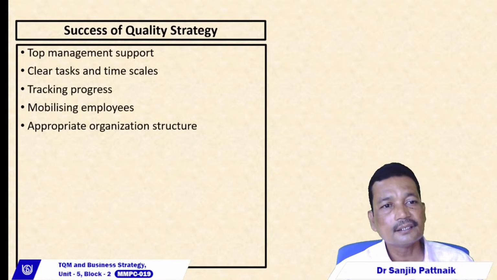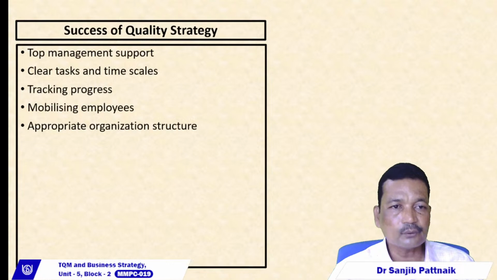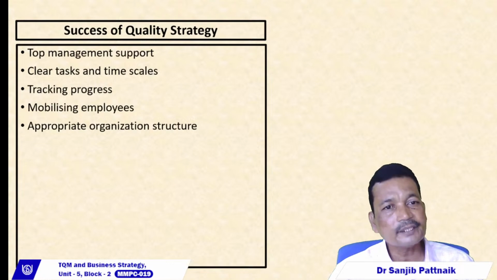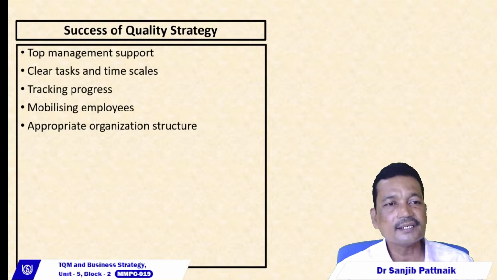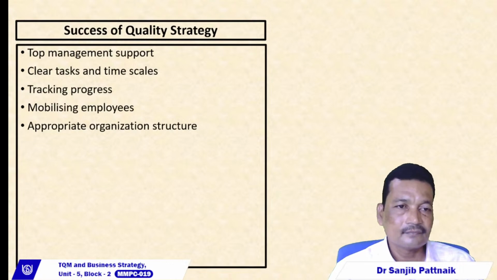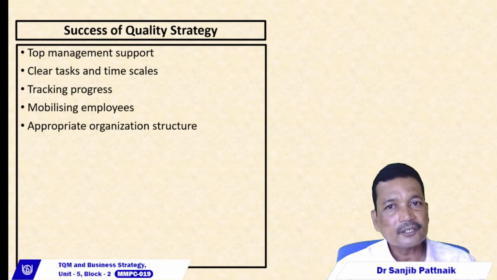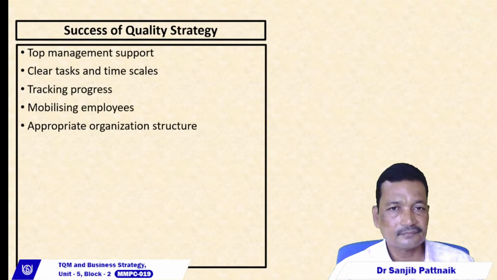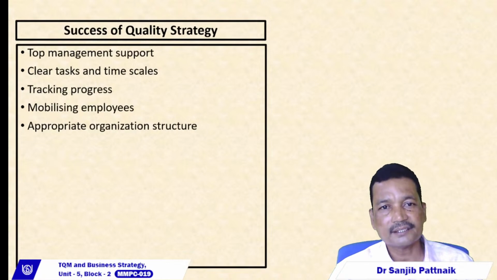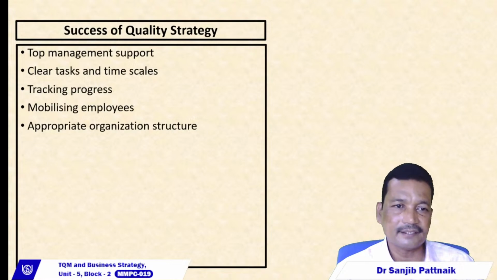There should be clearly mentioned tasks: who will be doing, what they will be doing, when they should start and when they should finish it. That means the time scales should be clearly specified. There should be a particular mechanism to track the progress, that means how the quality strategy is being implemented.